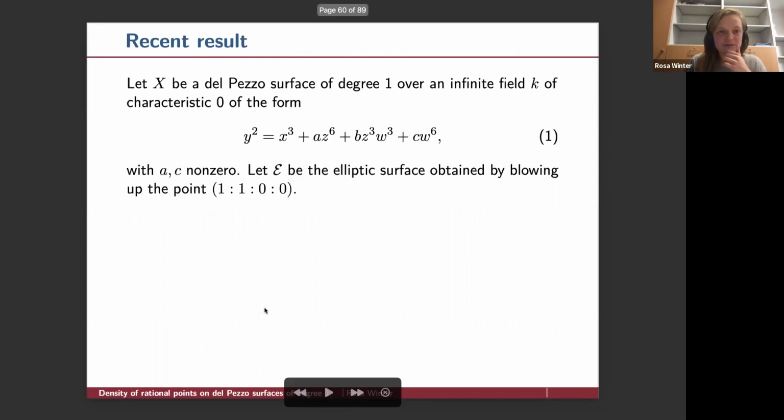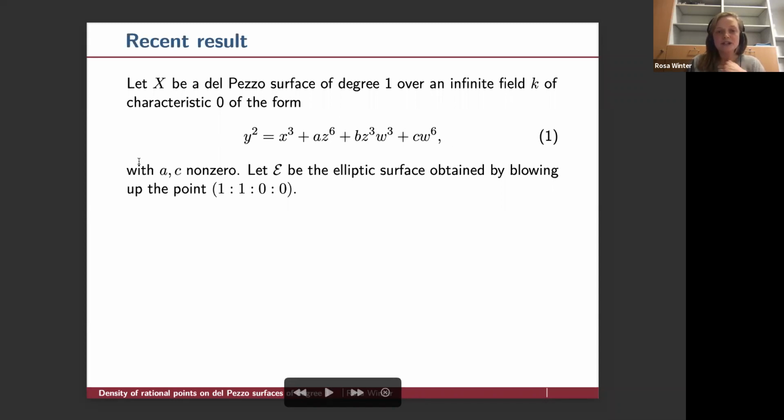A recent result by me and Julie is we studied the surfaces of this form: a Del Pezzo surface of degree 1 over an infinite field of characteristic 0 of this form, where A and C are non-zero. So in particular, B could be 0, and then we recover the surfaces that Varilli Alvarado studied, for example.